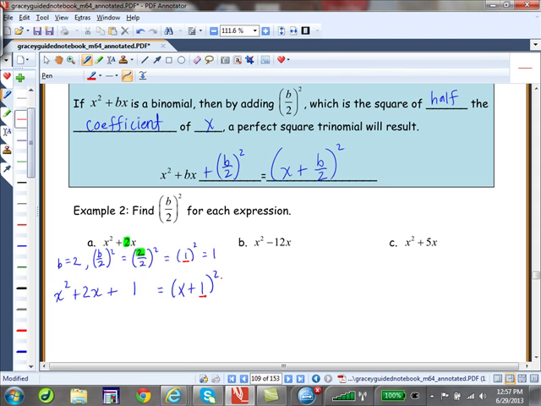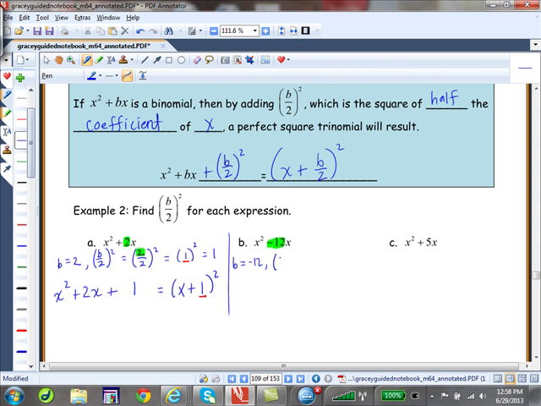And I've been showing you a lot, so hopefully you've got what's happening with the factoring and all that stuff that we've been working with. Hopefully this shouldn't be too much of a stretch for you. So in this case, our b is actually, I'm going to keep the sign with it, negative 12.